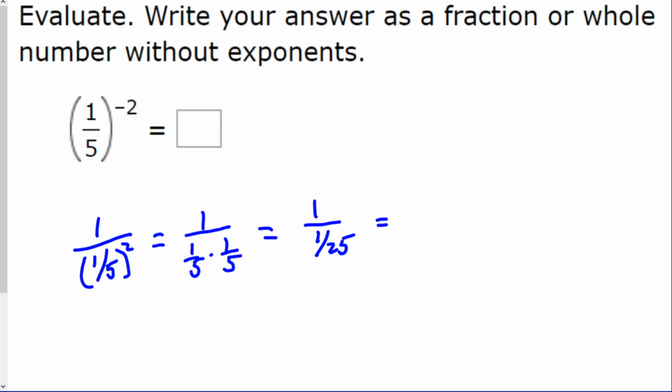As a review for dividing by fractions, you invert and multiply. So this 1 on top becomes 1. The 1 over 25, if you invert it, becomes 25 over 1, which is 25. And 1 times 25 is 25. Okay, so if you need to write that down, I'll let you pause it to write that down, but I'm going to work it out a different way as well.